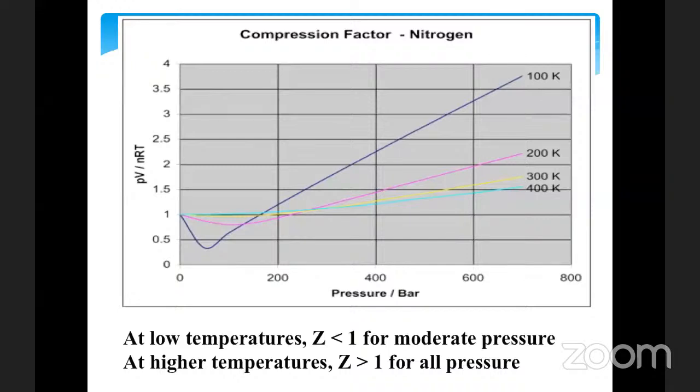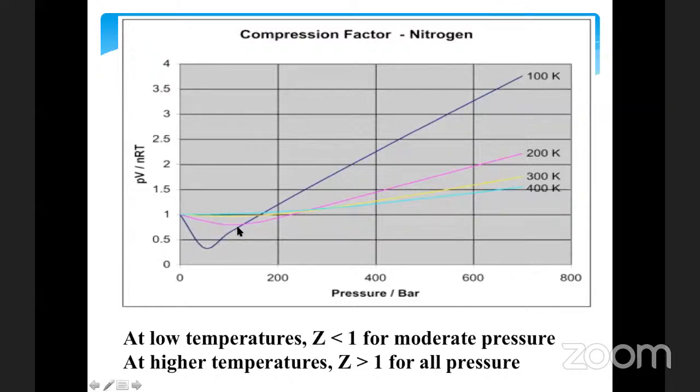And by the time you are reducing the pressure, because this is plotted against pressure at different temperatures, now look at it at very low pressure and low temperature, the dip is high here.